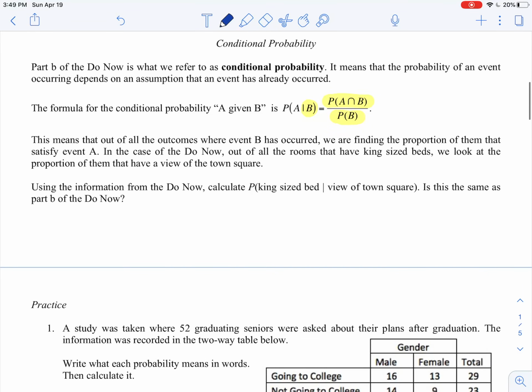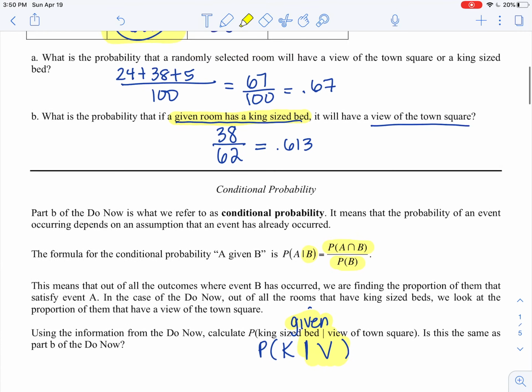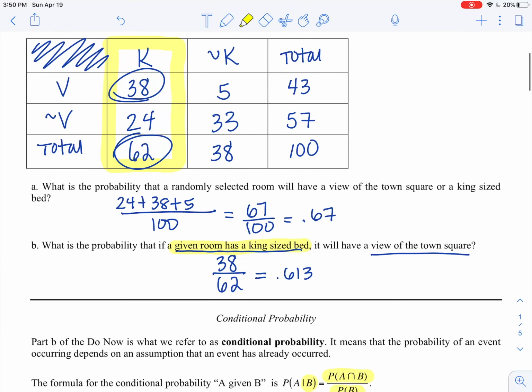Okay, so using the information from the Do Now, calculate the probability of K given V. So that's what this bar means. This means "given." When you do this whole given thing, that means you're going to focus on just that row or column. Let me go back up here for a second. I should probably erase some of these things.